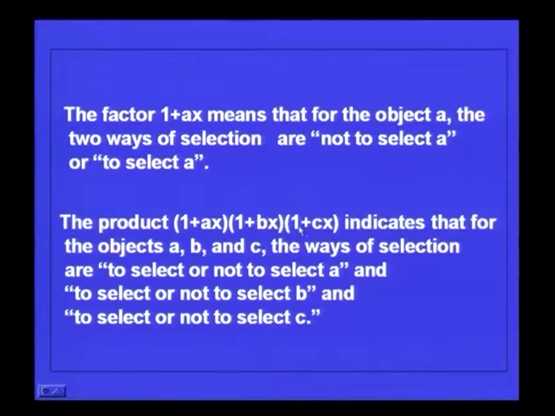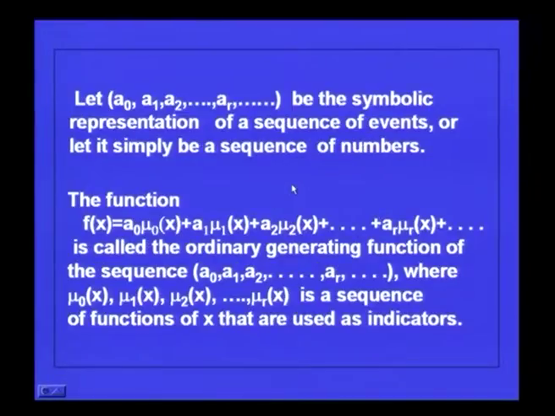You can select or not select C, and that is represented like this. So, together this gives you the number of ways of selecting one object or two objects or three objects out of the three objects A, B, C, and the coefficient of x to the power r on the right hand side gives you the possible ways of selecting r objects out of these three objects.